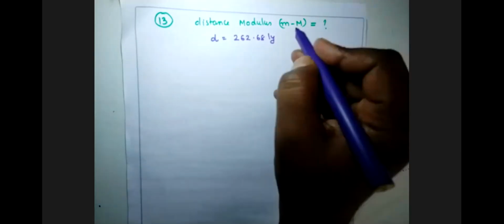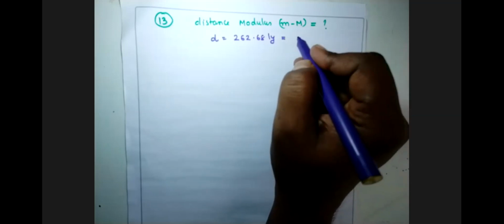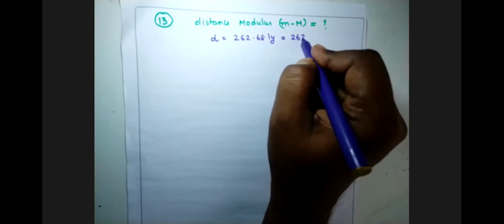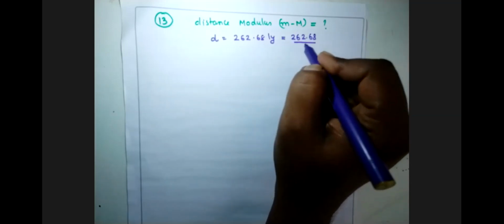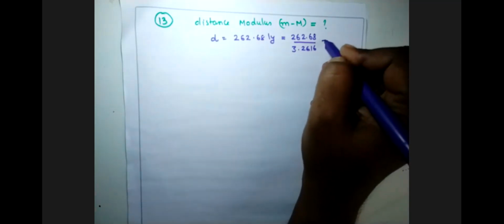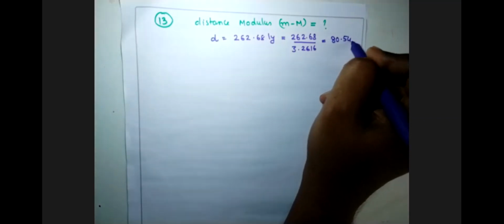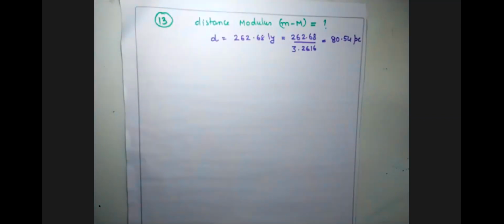First step is to convert this into parsec. 262.68 divided by 3.2616. This is equal to 80.54 parsec. The distance of the star in parsec is 80.54 parsec.